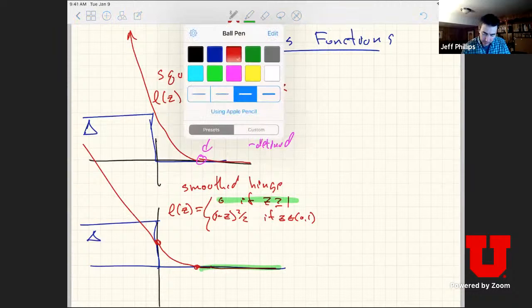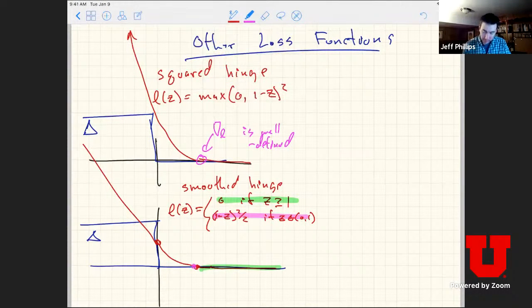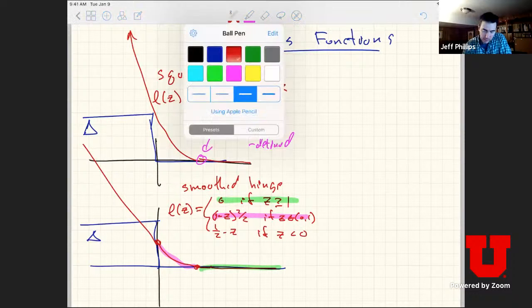That's going to be the part in here, the quadratic function divided by 2. This is just the most common way to do it. You can change that 1 over 2 if you want. And this can be 1/2 minus z if z is less than 0.